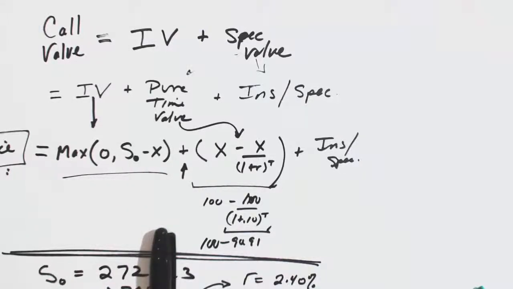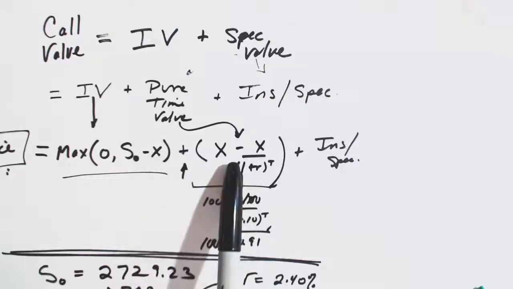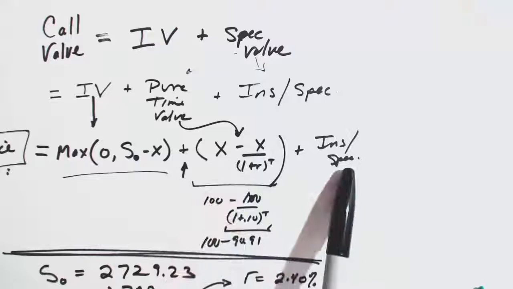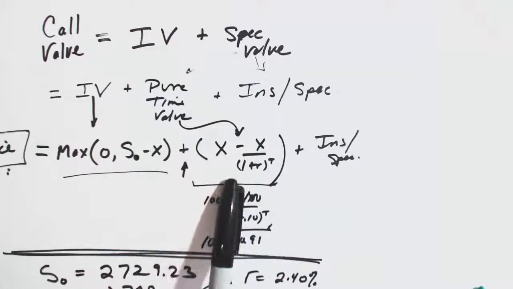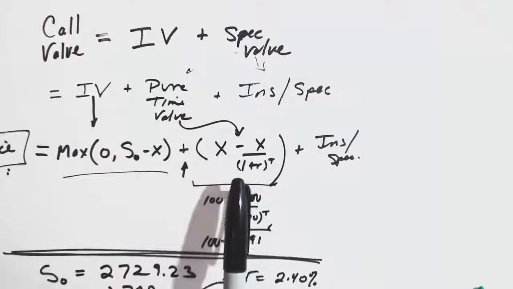If you exercise the option just before the stock pays a dividend, you get a hold of the stock and you're entitled to the dividend. And then the dividend's going to come to you. So when you exercise it, you're throwing these two components away and you're getting the dividend in place of these two components.